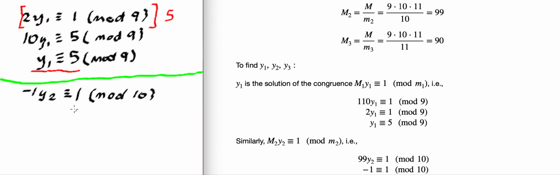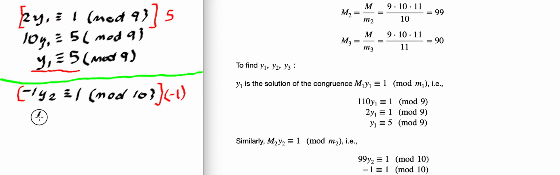Now we move on, and we see that we have negative 1 here. So what we want to do is make this positive 1. We multiply the whole congruence by minus 1 to make the left hand side positive. What it will give us is a positive answer on the left hand side.